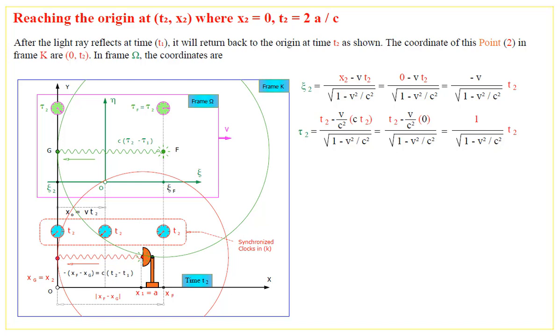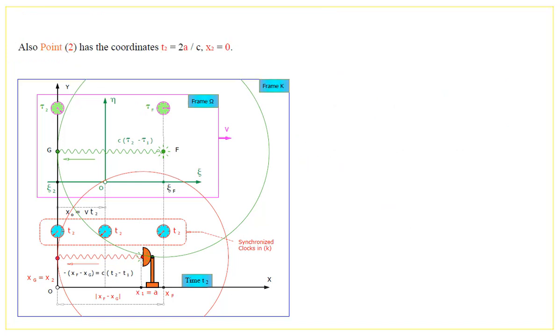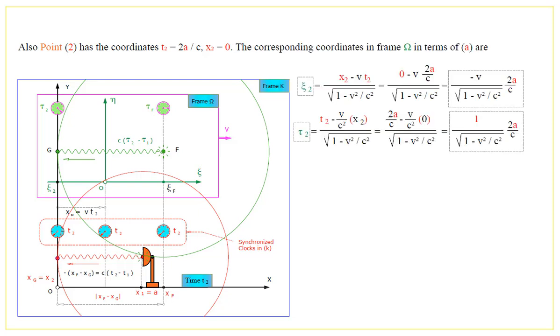In frame omega, the coordinates are. By dividing. Also point 2 has the coordinates t2 equals 2a over c, x2 equals 0. The corresponding coordinates in frame omega in terms of a are.